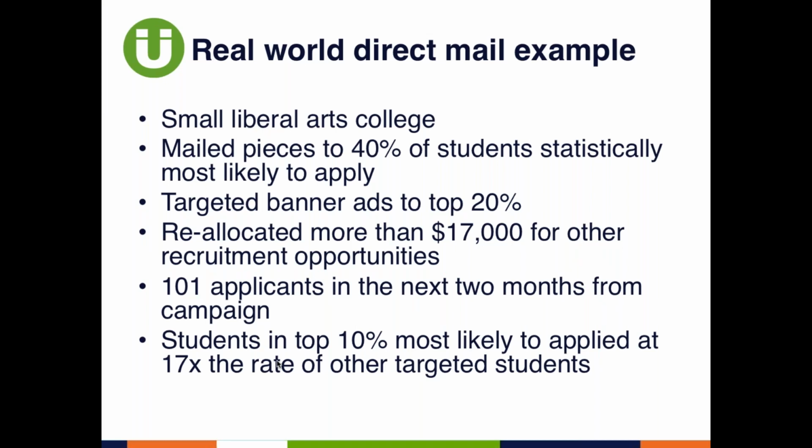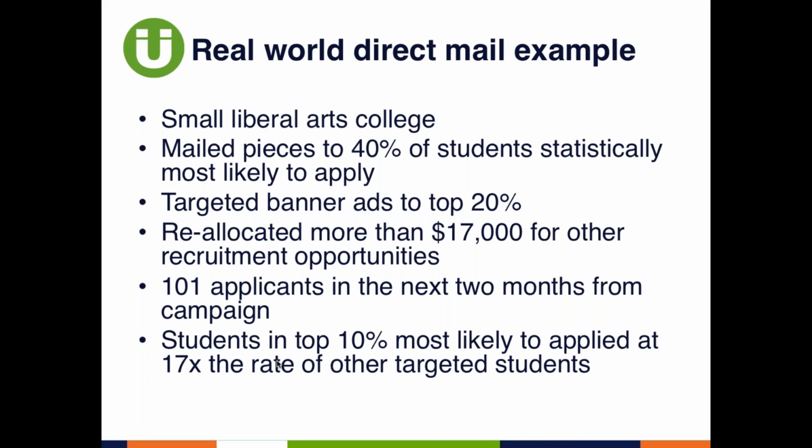One is a small liberal arts college, and they used a predictive model to mail to the top 40% of students who were predicted as most likely to apply. They sent targeted banner ads to the top 20%, so half of that 40%, and then they reallocated more than 17 grand for other recruitment activities.